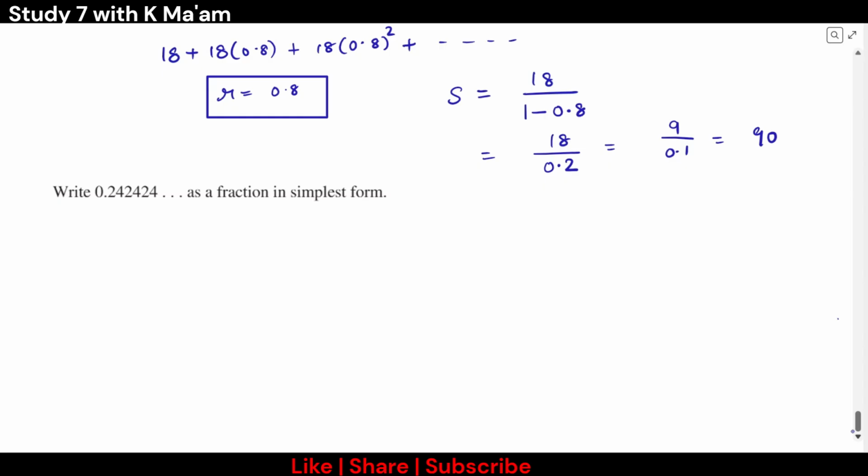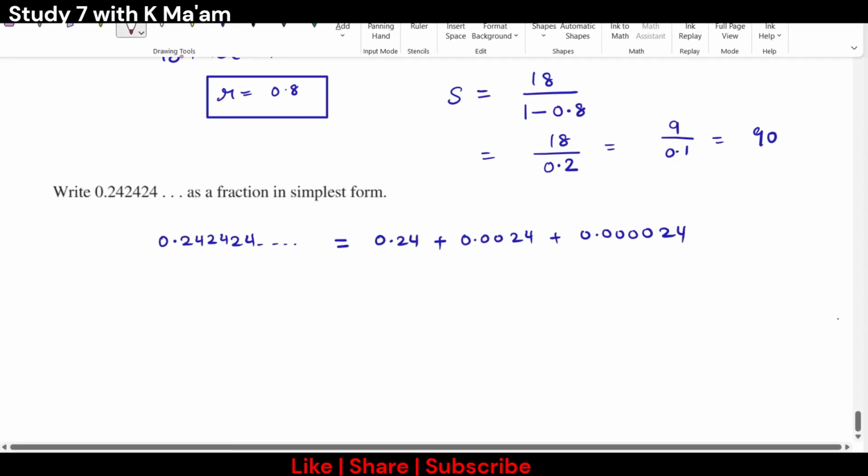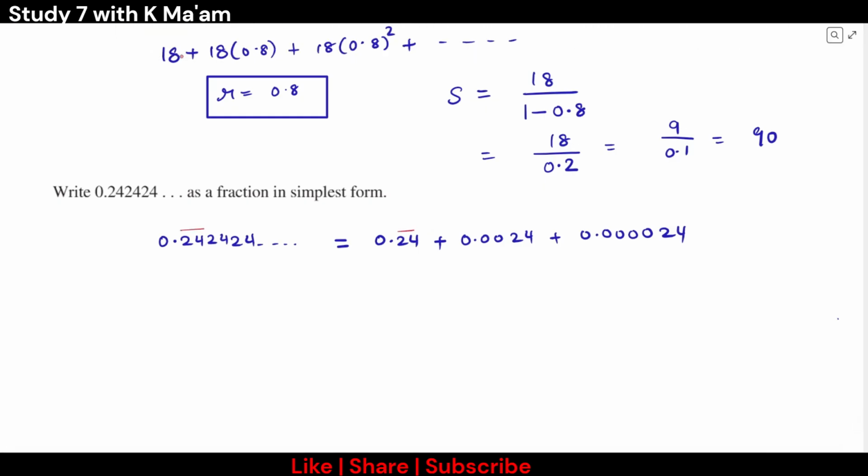To see how I can write it, 0.242424 and so on: 0.24 the first time, then 0.0024, then 0.000024. You can see here the first time I write this 24, next time I write this 24, next time I write this 24, like this.